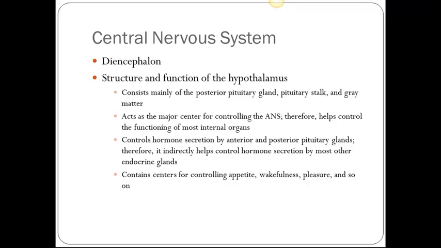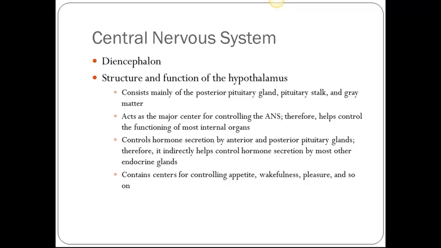The central nervous system also has a diencephalon, which consists of the hypothalamus, thalamus, and pineal gland. The structure of the hypothalamus consists mainly of the posterior pituitary gland, pituitary stalk, and gray matter. It acts as a major center for controlling the autonomic nervous system, therefore helping control the function of internal organs.